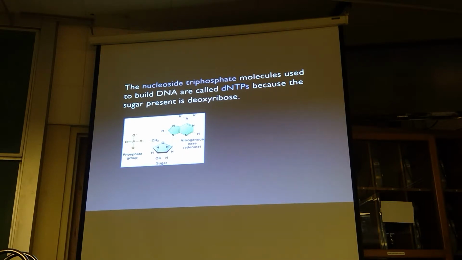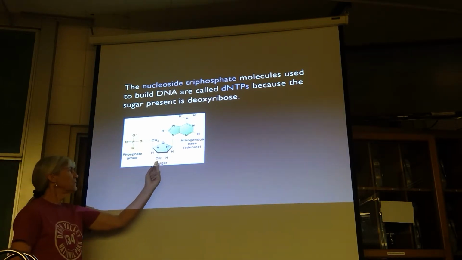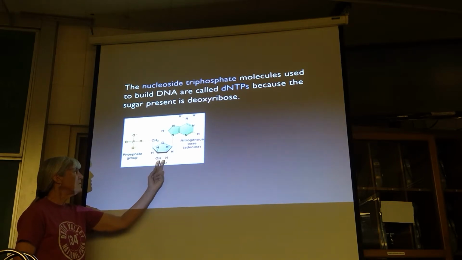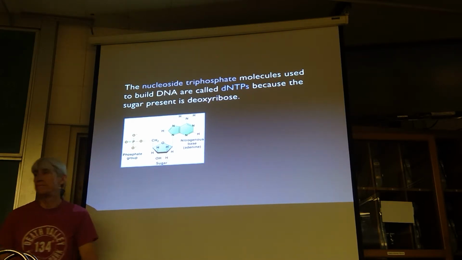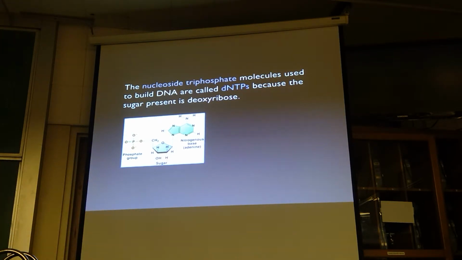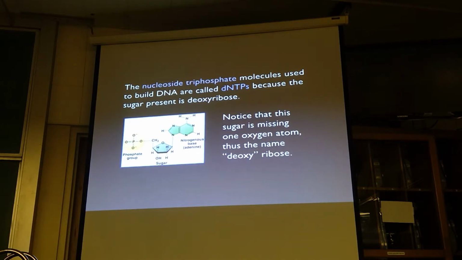So this is a dNTP because the sugar is deoxyribose. And how do we know? If you look at the bottom, instead of having 2 hydroxyl groups down here, there's only 1. If this was ribose, there'd be 2 hydroxyl groups. That's going to be significant to some processes we'll talk about a little bit later on.